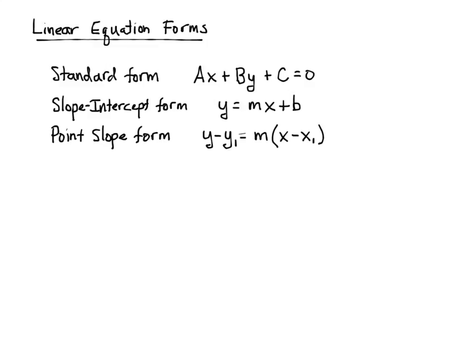Sometimes you'll see the c on the other side of the equality sign. And it turns out that in that form, notice there's no m in there. You have to actually calculate the m. And so the way you do that is that you solve for y and see what the coefficient is for the x. Okay, so remember those 3 names and what the forms are.